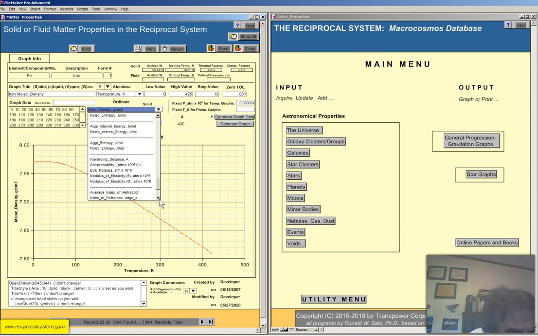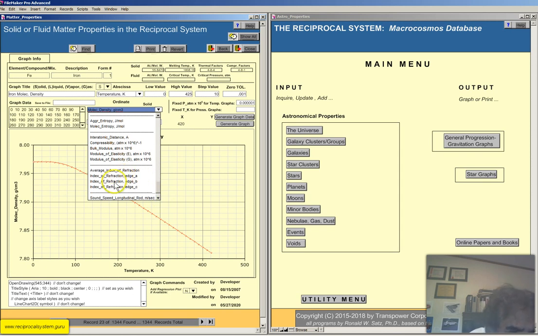And then we come down to here: atomic distance in angstroms, compressibility, atmospheres to the minus 1 power times 10 to the 6th. Bulk modulus, atmosphere times 10 to the 6, modulus of elasticity E, and G. Those are the common symbols.